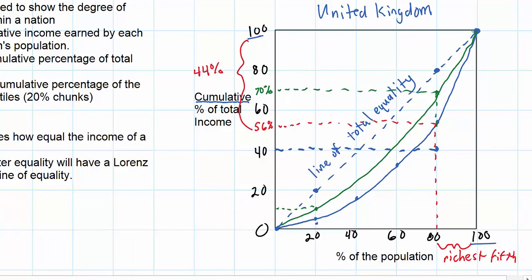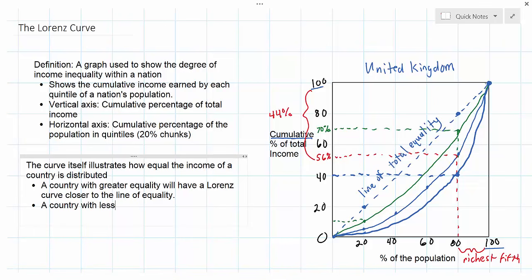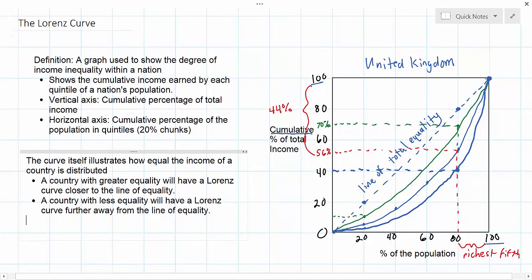That Lorenz curve would look something like this. In other words, it would be further away from the line of equality. So our interpretation, therefore, is that a country with less equality will have a Lorenz curve further away from the line of equality.